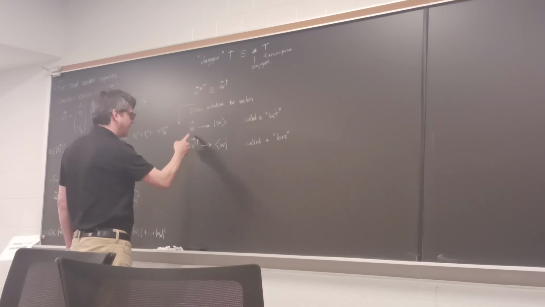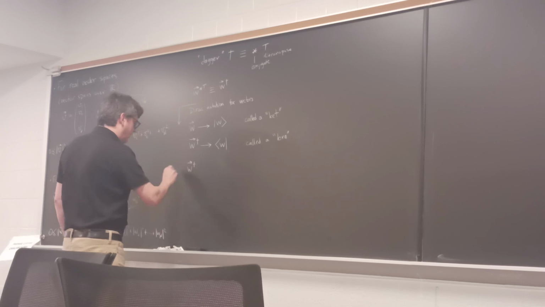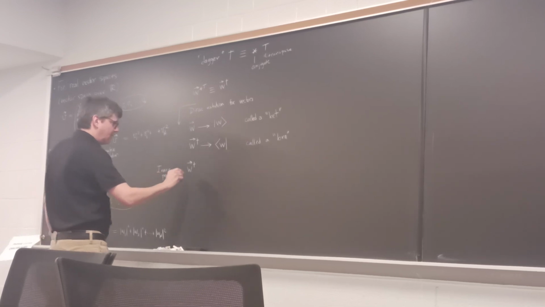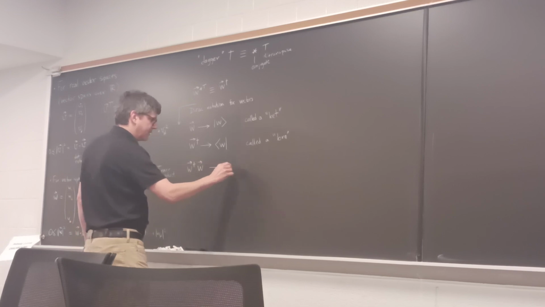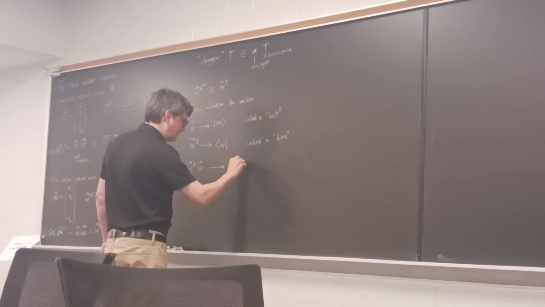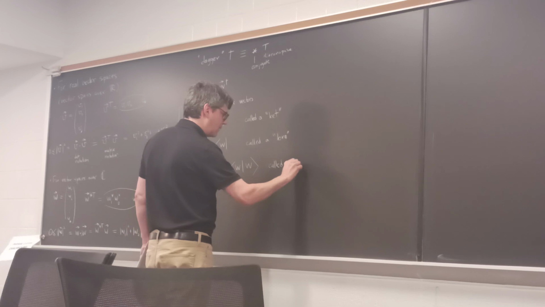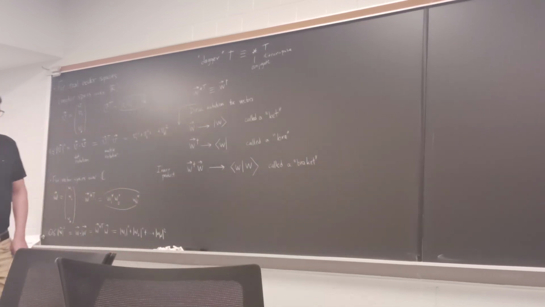And so when I take the inner product, W dagger W, this goes to the following. And this is called a bracket. Okay, so that's the Dirac notation.